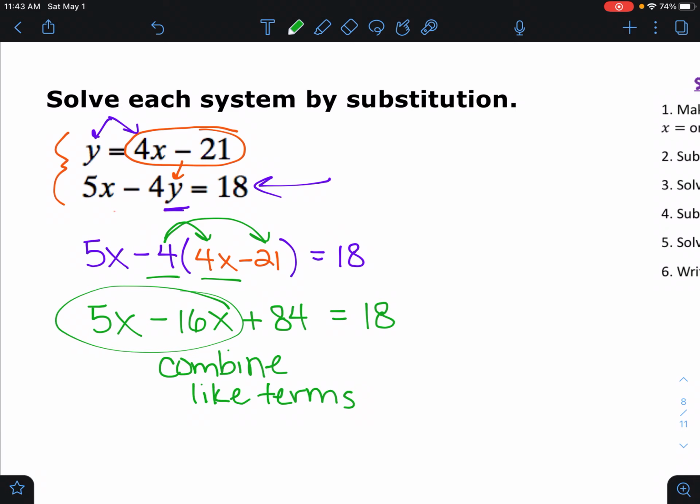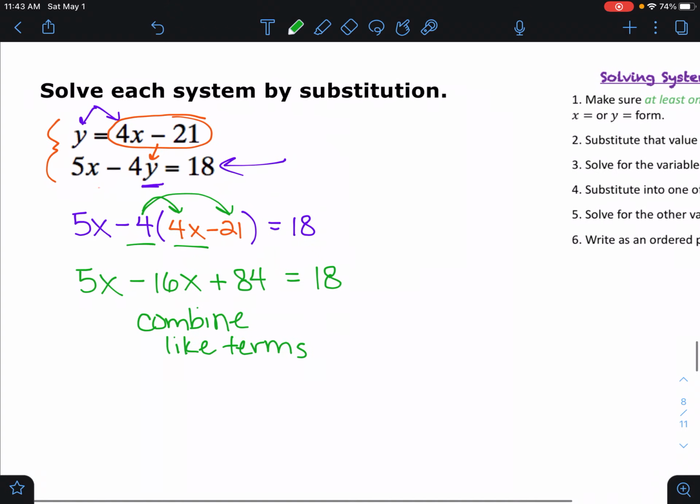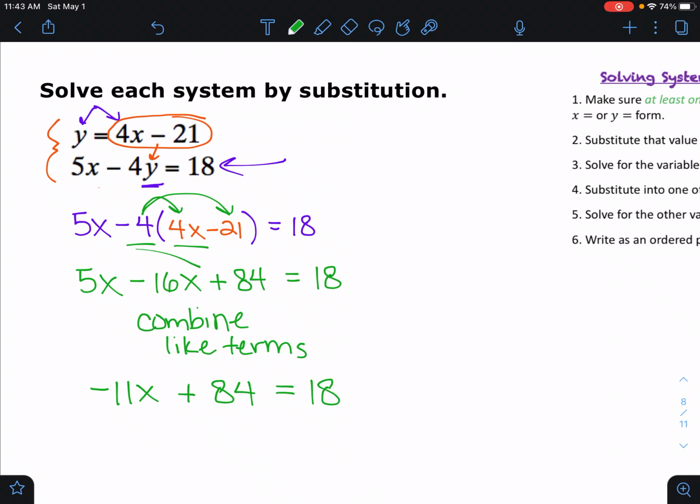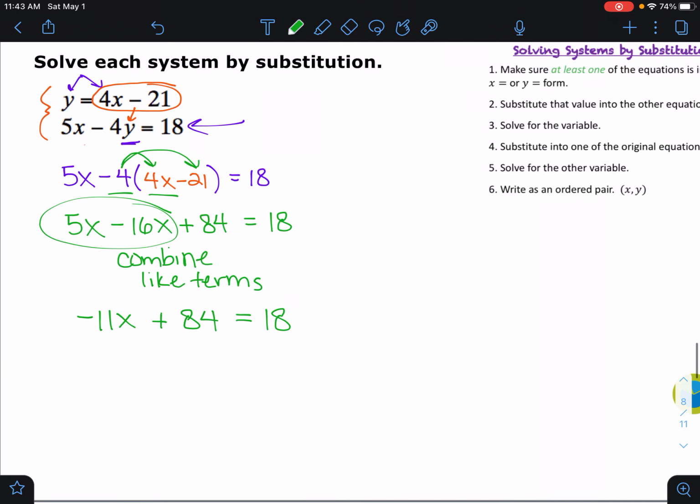So I'm going to put these together. 5x minus 16x is negative 11x. And then I'm just copying the rest. So I just put these together to become that. And that's it. Now I have an equation that I can solve for x.